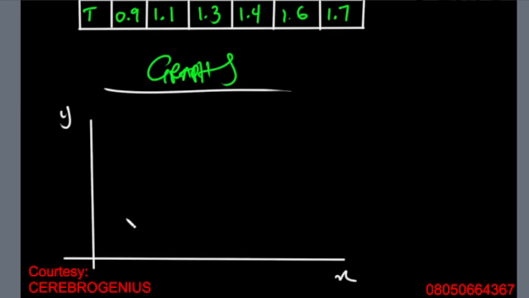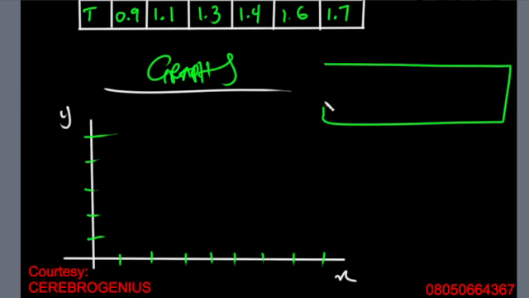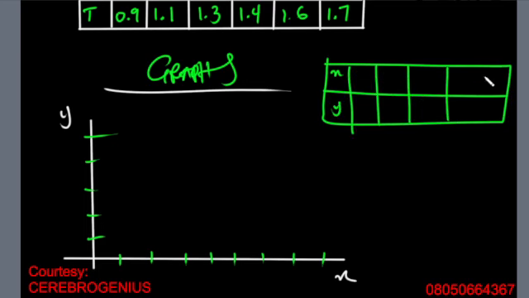So let's say you have a table for x and y. Let's say x is 1 2 3 4 5, and y is 2 4 6 8 10.